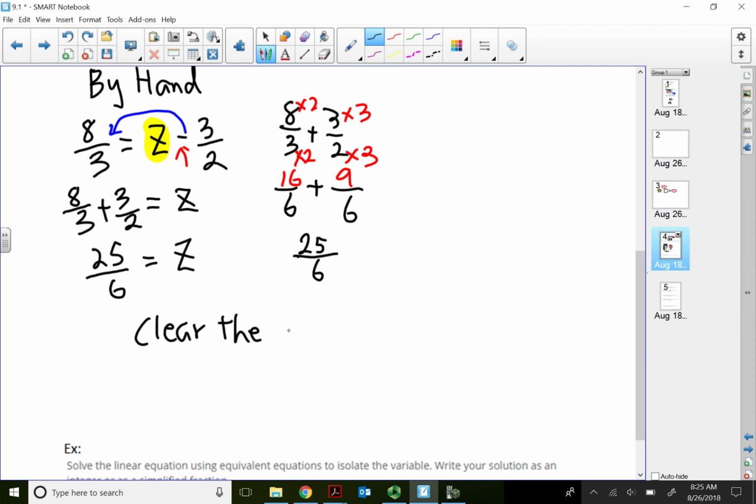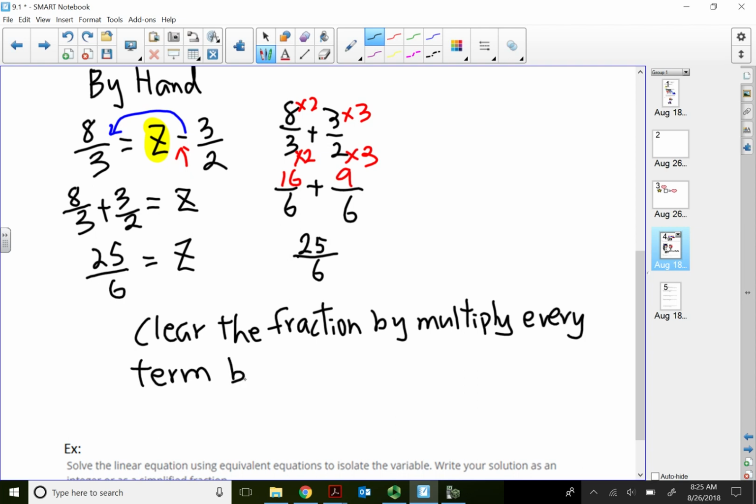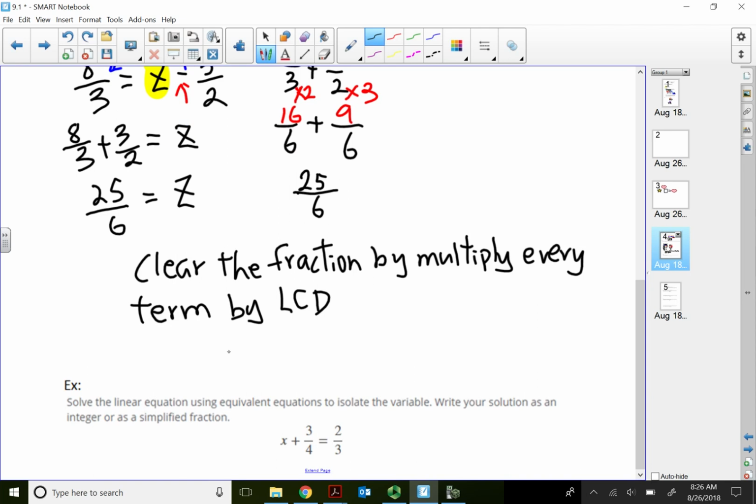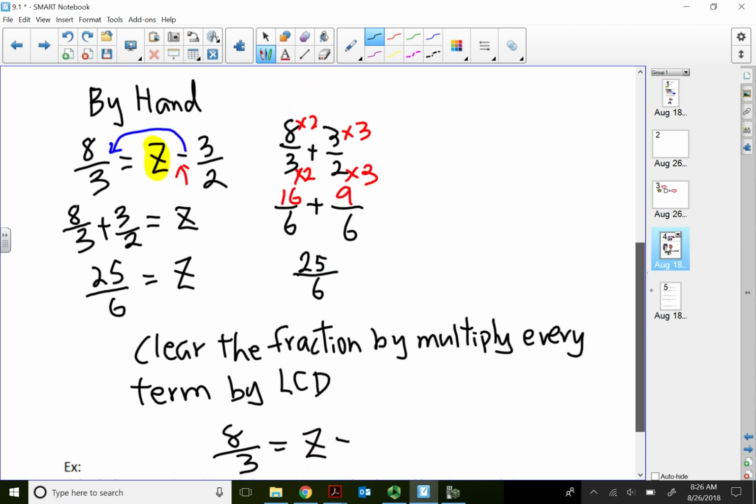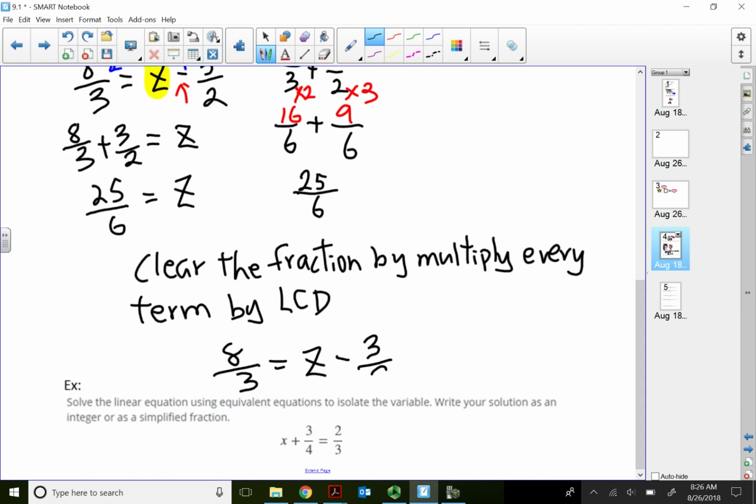We can clear the fraction by multiplying every term, not every fraction, but every term, by the least common denominator. So for my problem, 8 over 3 equals Z minus 3 over 2, I believe. Clear the fraction.